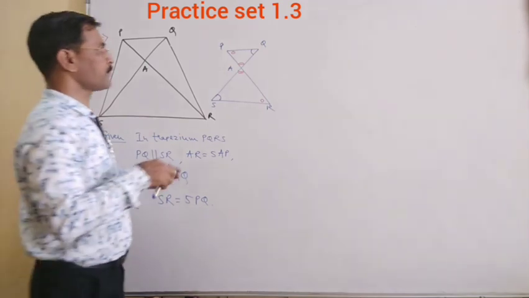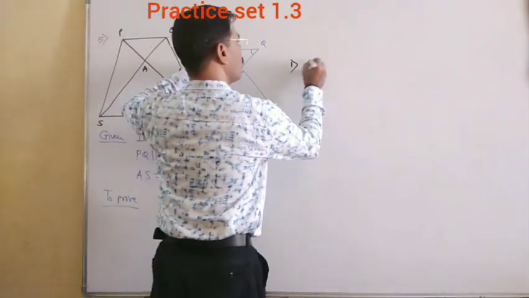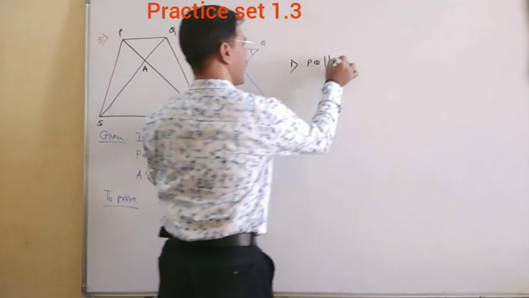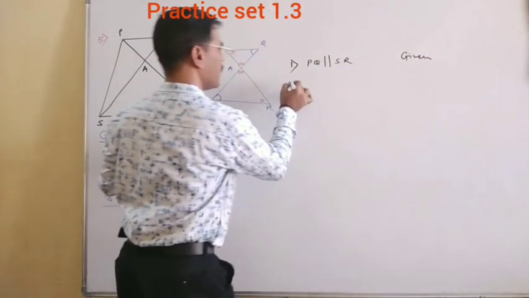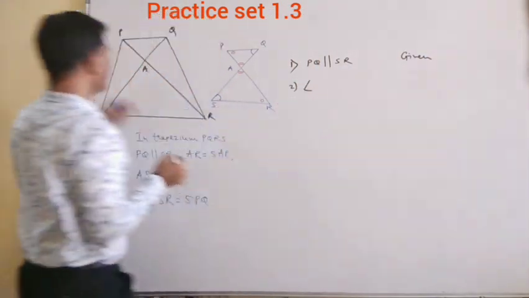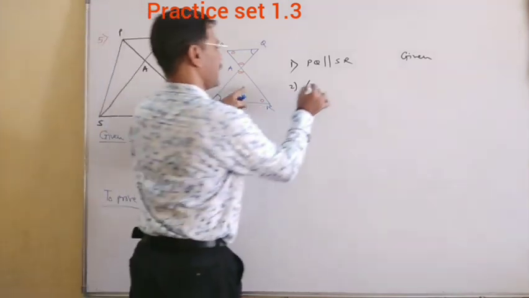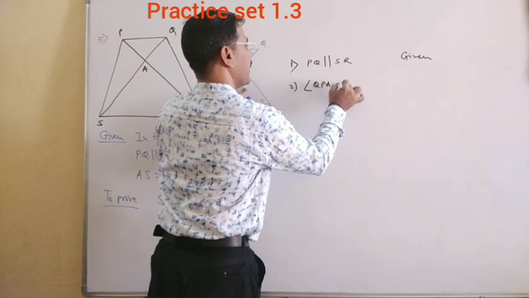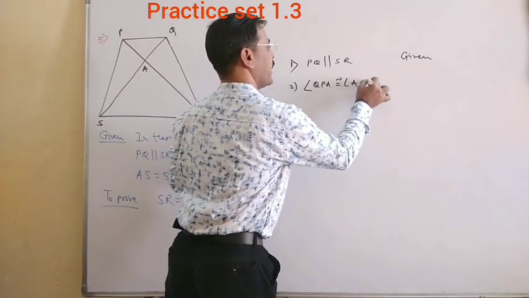See first, what is given to us? I will write here PQ is parallel to SR. It is given. Now look here. Because of that, I'll take angles. Which angle do we take here? I'll take this red one, that is angle QPA congruent to angle ARS.